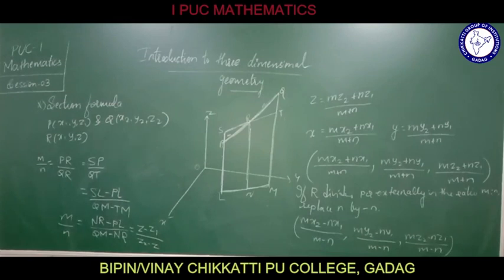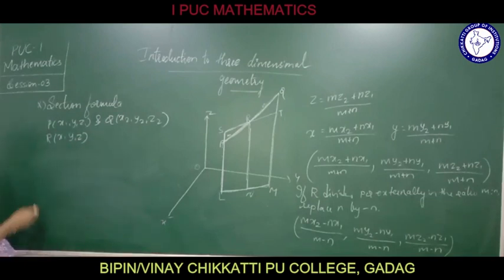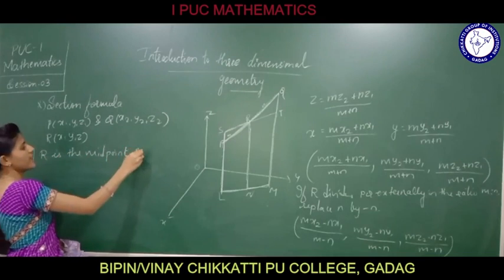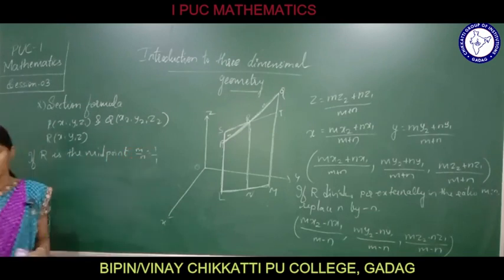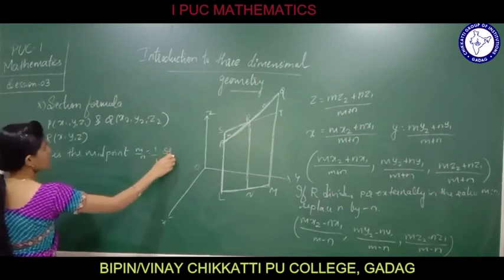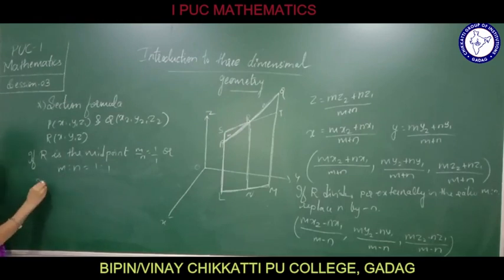What happens if R is the midpoint? If R is the midpoint, then m divided by n is 1 by 1, that is, the ratio m is to n equals 1 is to 1. Then for x coordinates, we write x1 plus x2 by 2.